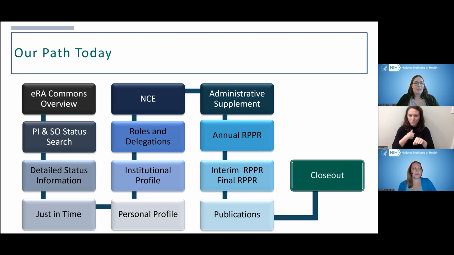So our path today, we're going to start with an overview of eRA Commons, talk about our PI and SO searches, which has some new information, detailed status information, just in time, your personal profile, institution profile, roles and delegations within eRA Commons, no-cost extensions, administrative supplements, annual RPPRs, the research progress performance reports, the interim and final RPPRs, our publications, and then our closeout.